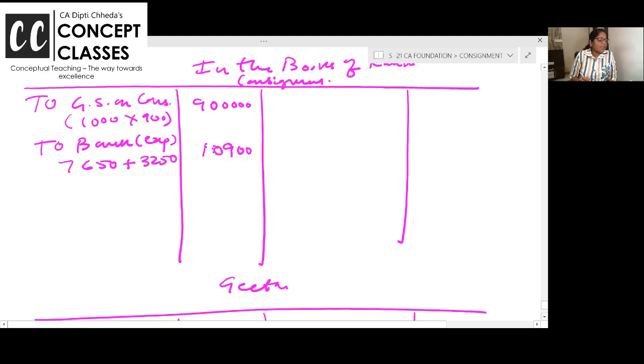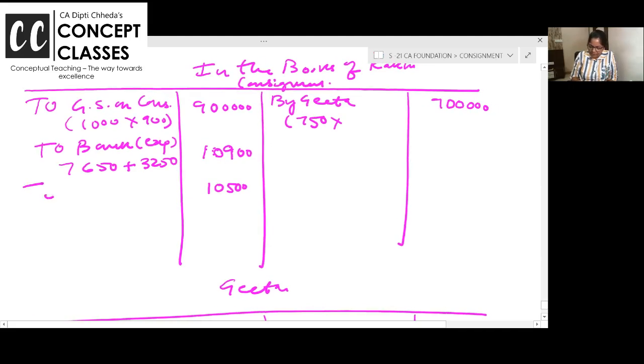Geeta received the delivery of 950 sets. So definitely 50 units are lost in transit and 750 units are sold. So by Geeta, 750 units they have sold for 9 lakh. Whatever value, 9 lakh ho gaya, total sales. And Geeta incurred 10,500 expense, to Geeta bracket mein expense.